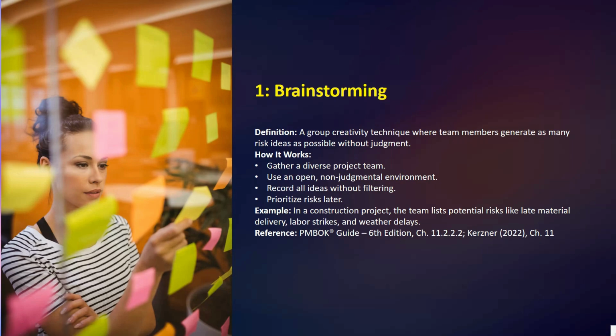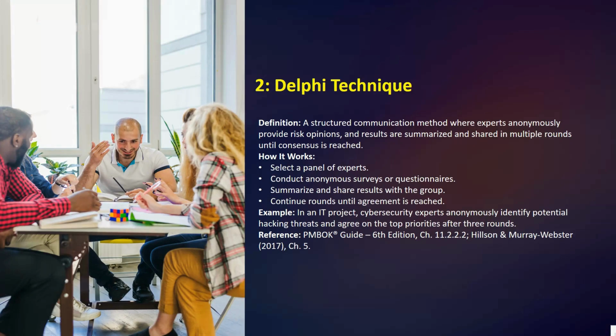Next we have the Delphi technique. Delphi technique is a more structured method for reaching a consensus among experts. This approach is particularly useful when dealing with sensitive or complex topics where direct discussion might be influenced by a dominant personality.